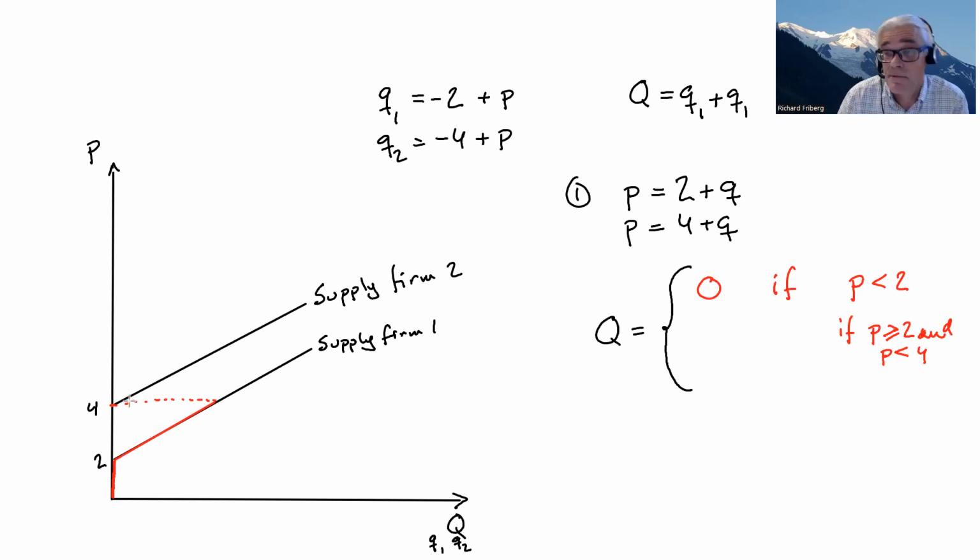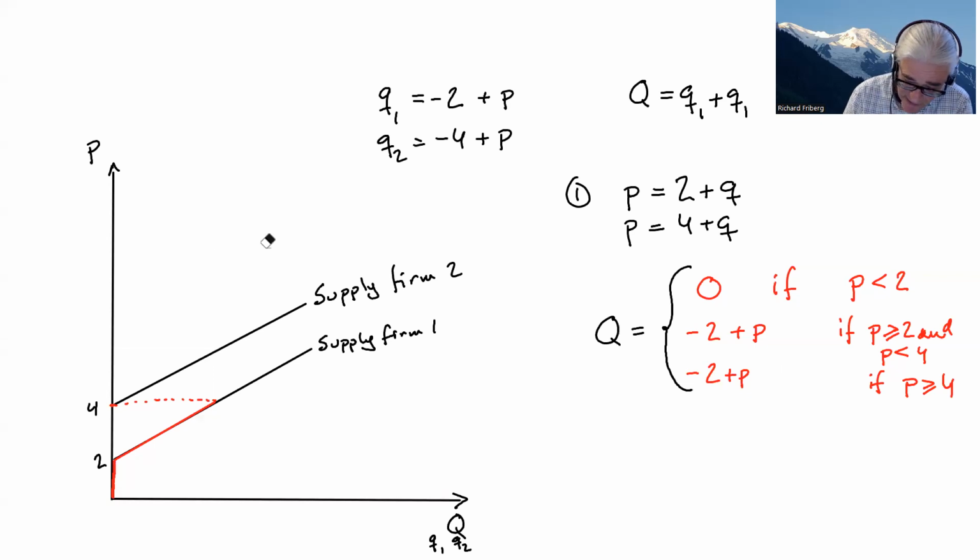But then we see if price is 4 or above, then supply is given by the combined supply of both firms. So before that, we should write here that supply is given by -2 plus P if price is at least 2 and lower than 4, and if price is 4 or above, quantity is given by the combined supply from the two firms.